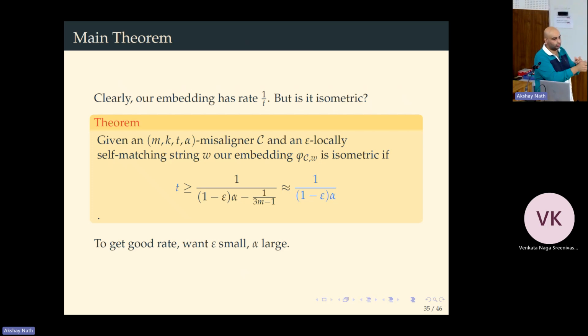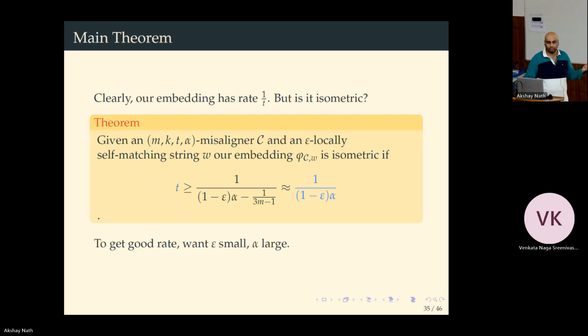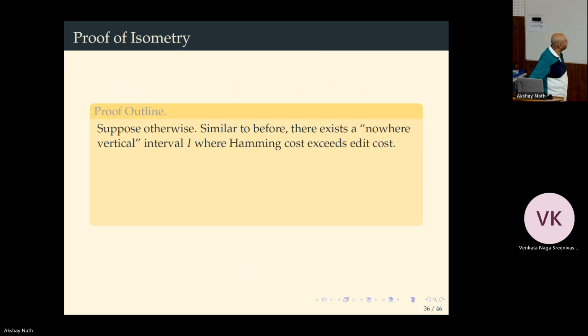So it's a parameter of the two things that we care about, the misaligner and the locally self-matching string. If you take S and yourself and you try to align but not vertically, you only have an epsilon match. I think it's instructive to think of the locally self-matching thing as a global property and the misaligner as some local property. And we combine the two things.